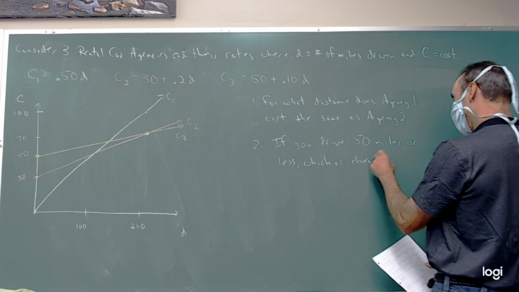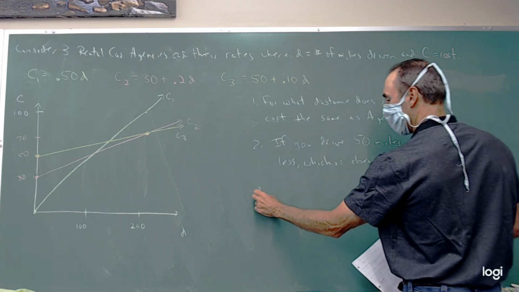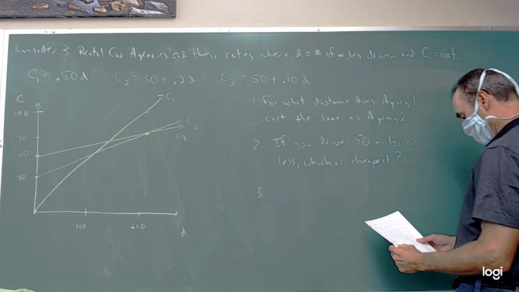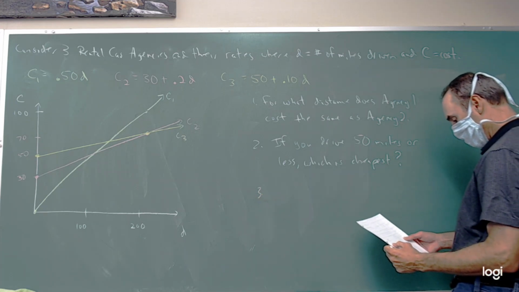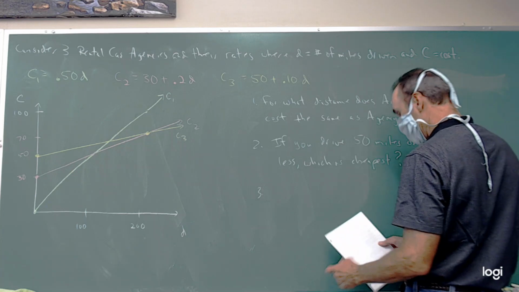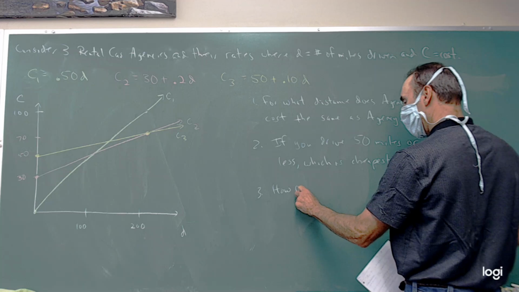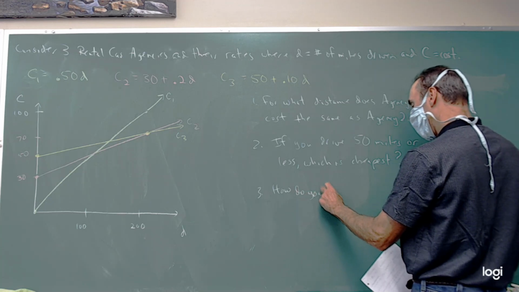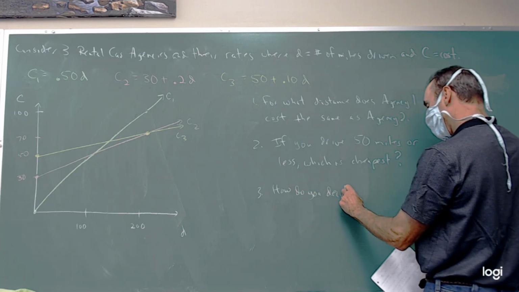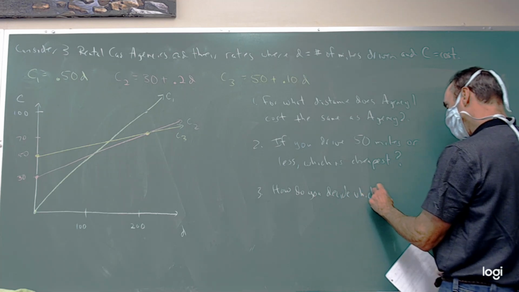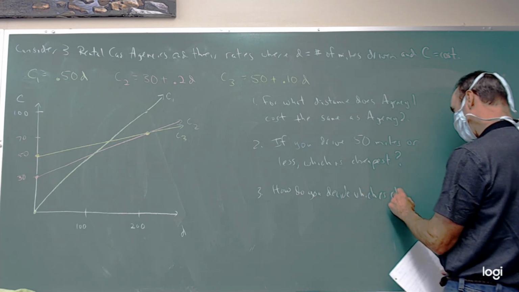We're all about saving money in our choices here. And the third one is, how do you decide which is the cheapest? So I want to know, under all conditions, how do you decide which is cheapest?